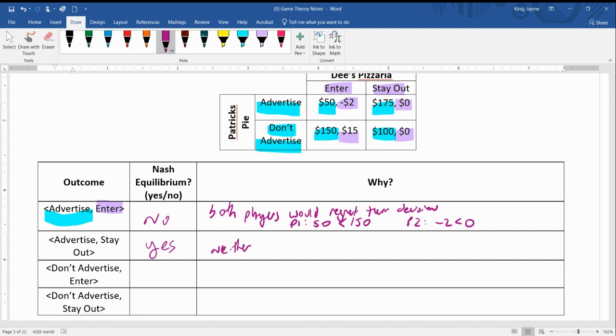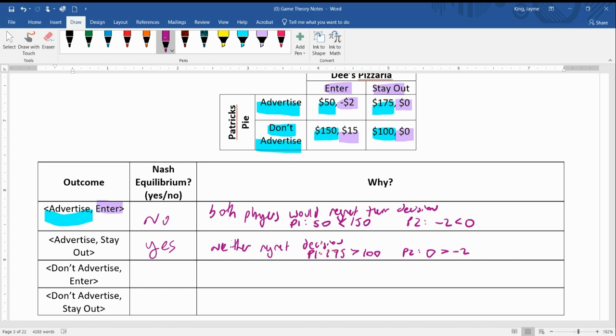Player one in this particular cell is getting $175, which is more than the $100 that they could have gotten. And player two is making $0, which is still more than the -2 that they could have gotten. So they're both happy with their outcomes.